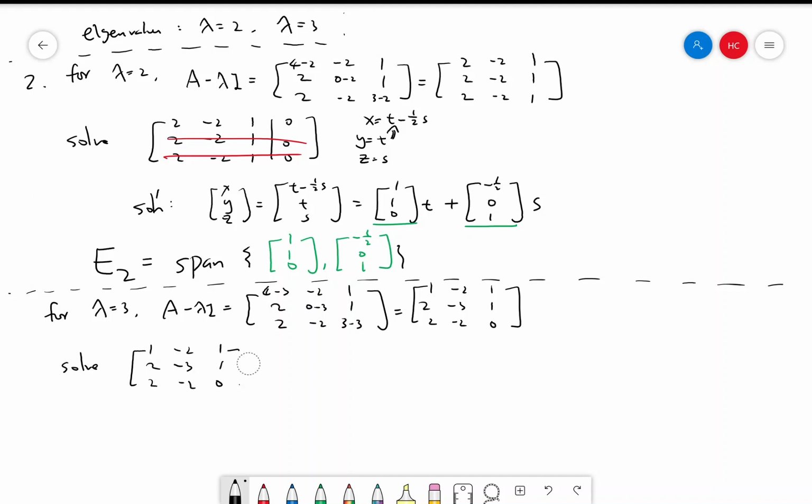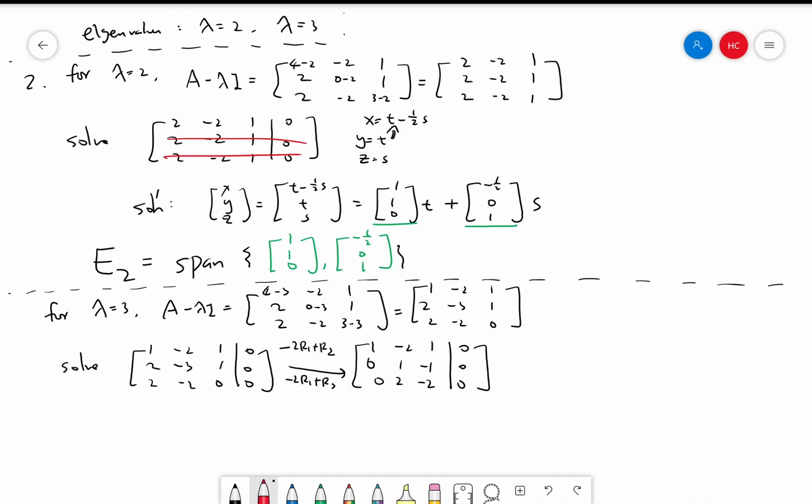Oh, I forgot a 0 on the right hand side. Doing negative 2 R1 plus R2 and negative 2 R1 plus R3, we get 1, negative 2, 1, 0, 0, 1, negative 1, 0, 2, negative 2. It's clear that the third row is twice the second row, so that row does not count.